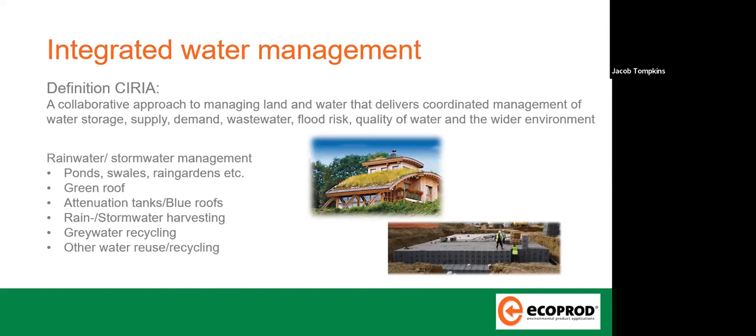Have you looked at green roofs? Have you looked at rainwater or stormwater harvesting? We're also going to touch on greywater and other water reuse and recycling. And we can also talk to you about whether you should be getting your water from a borehole?